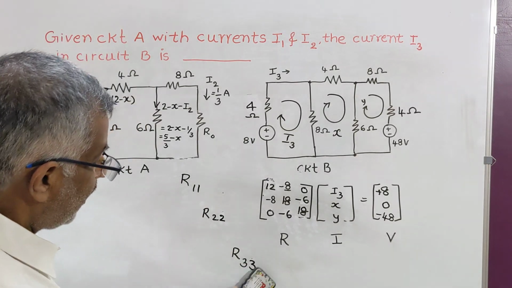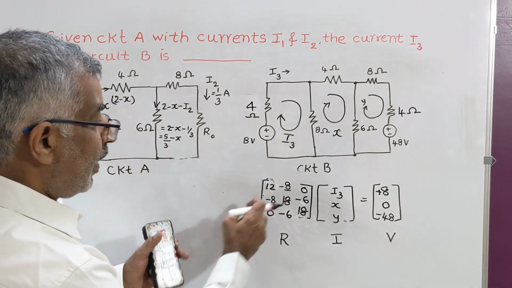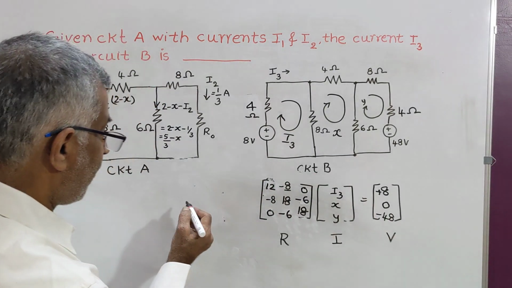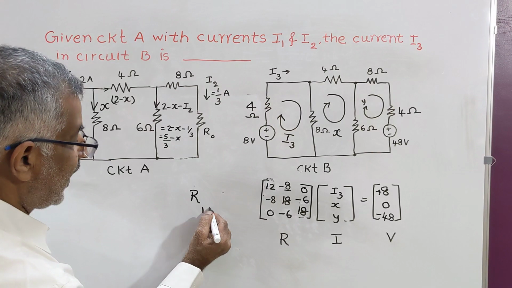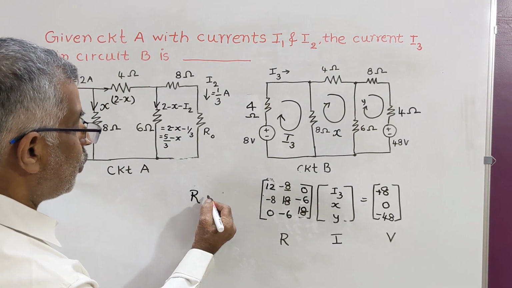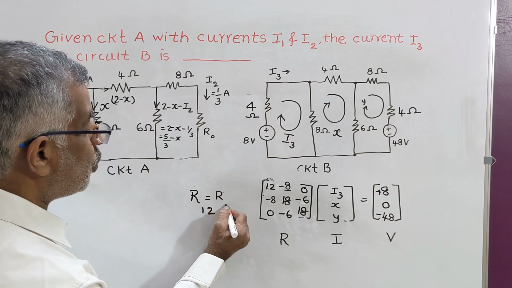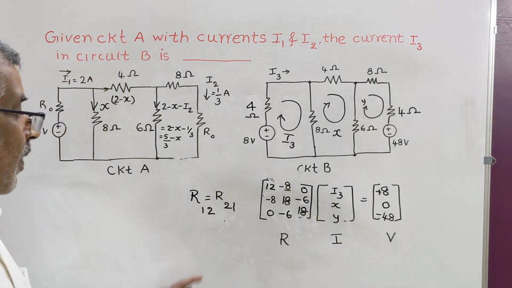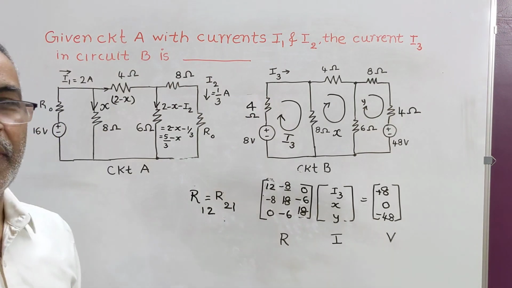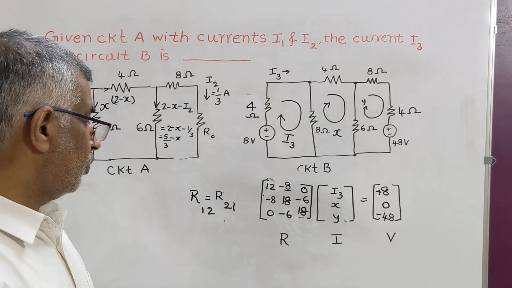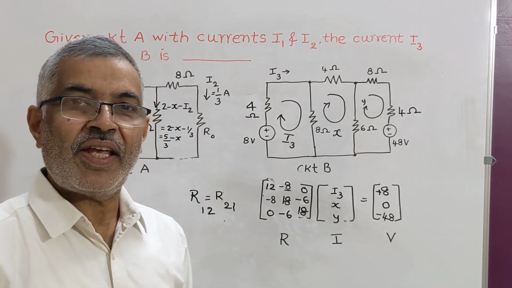This element, minus 8, is in first row, second column, R12. Now you take R12 same as R21, you reverse the subscript.